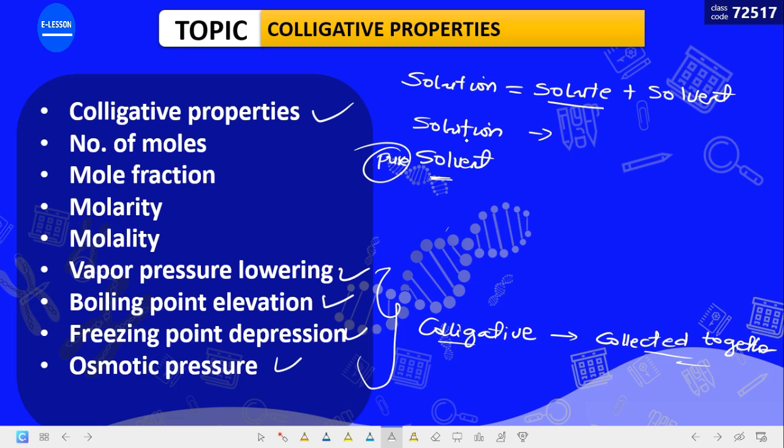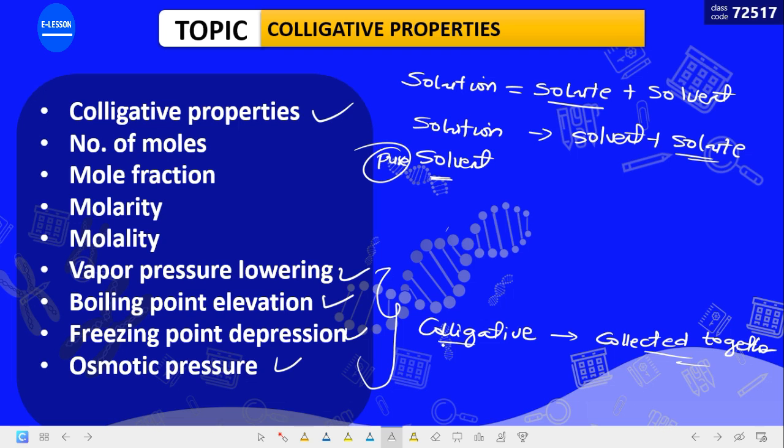And of course, you know why they are different: because the solution comprises the solvent plus the solute. So whenever you put solute into a solvent, it changes the colligative properties, which are the vapor pressure, boiling point, freezing point, and osmotic pressure of that solvent to that of the solution.